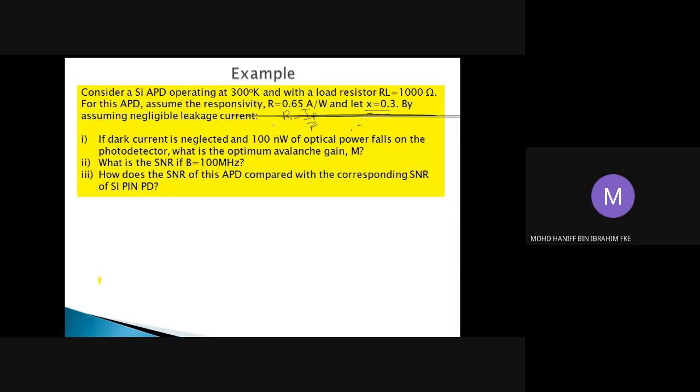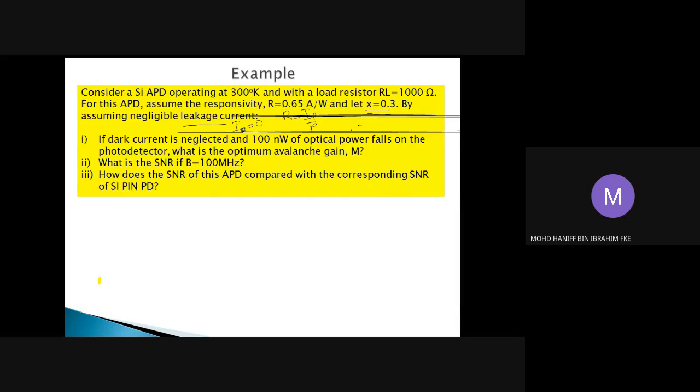Given here that leakage current is negligible. Leakage current is similar to dark current, which means that ID is equal to 0 in this case. For the first question, 100 nanowatt of optical power is said to fall on the photodetector.